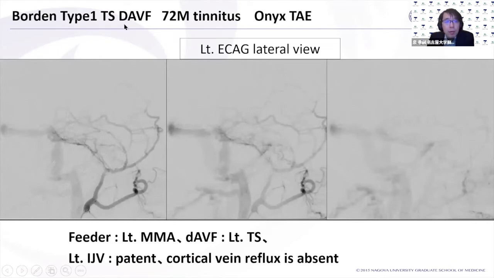Here, the transverse sinus dural AVF, Borden type 1, in a 72-year-old male. Here, the left ECA lateral view, arterial phase. Feeder is the left MMA, and the DAVF is here. And the IJV is patent, and the cortical vein reflux is absent.